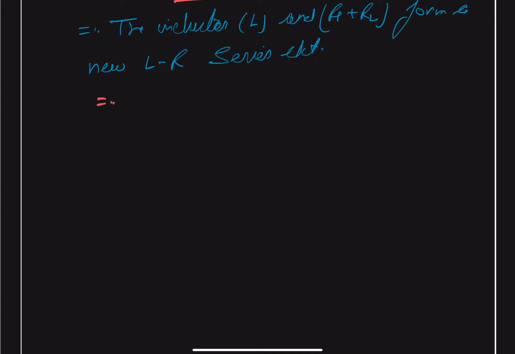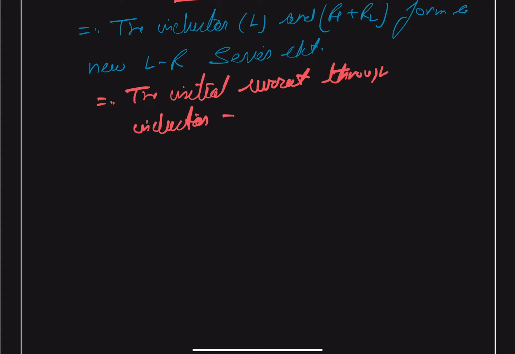Therefore, the initial current through the inductor, let us call that IL0 negative, will be equal to 6 amperes.